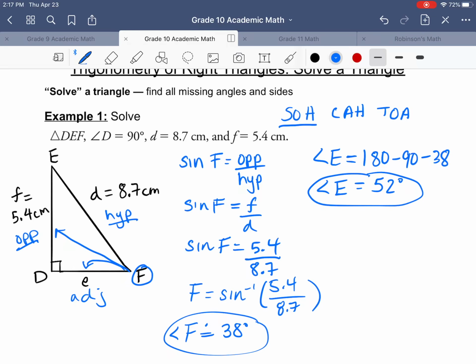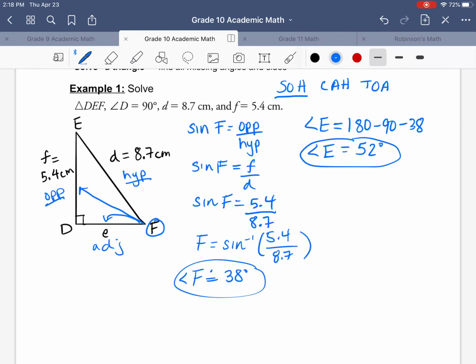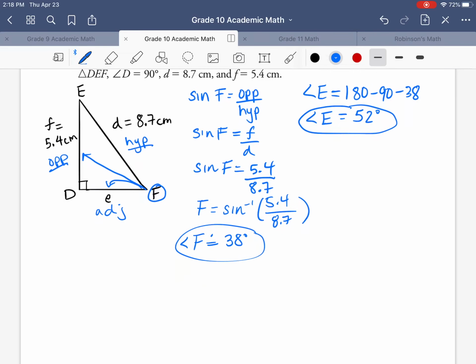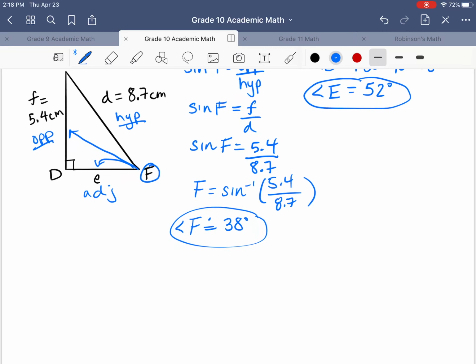So we have both of our missing angles, and now what we need to do is solve for our missing side. So we have our missing side E, and as I was saying before, you can choose to use the Pythagorean theorem to solve for side E if you wish, but we're going to use a primary trig ratio instead.